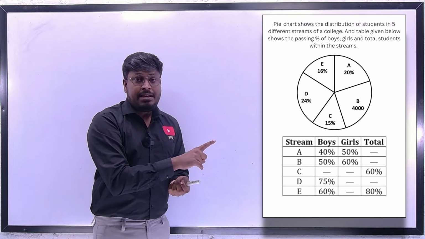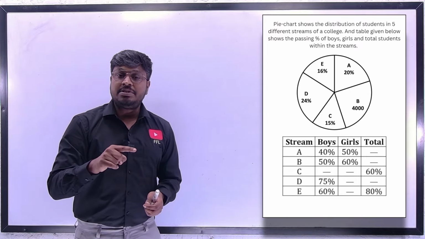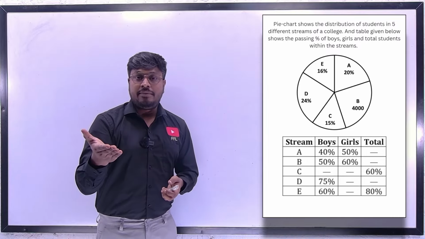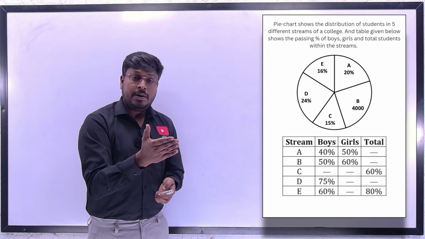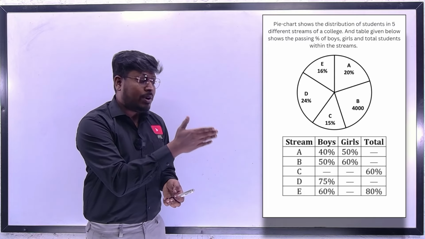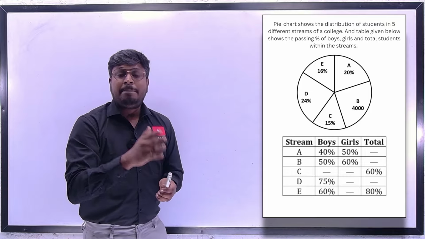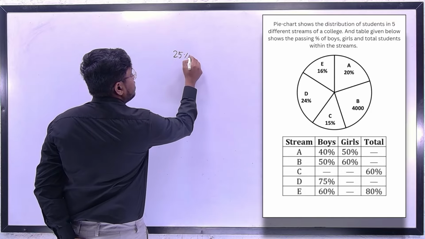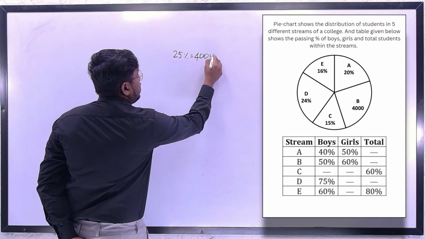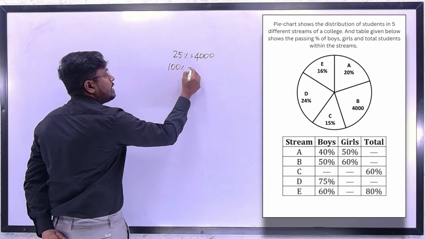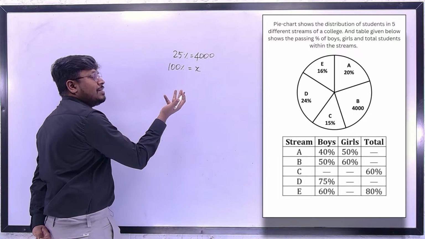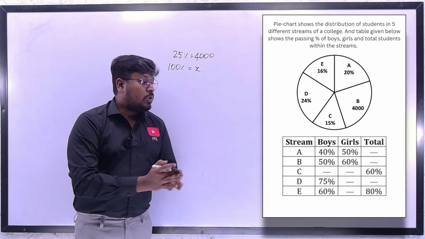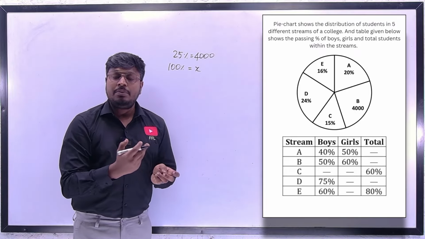So except B, the remaining percentages add up to 75%, which means the remaining 25% is B. We already know that B is 4,000. That means 25% equals 4,000. So if 100% equals X, the resultant value will be the total number of students across all the streams A, B, C, D, E.